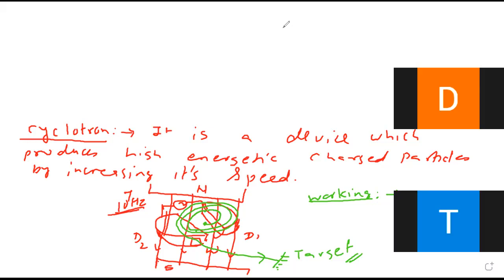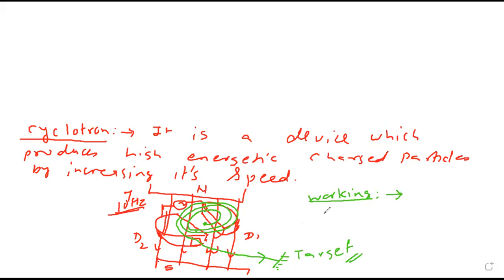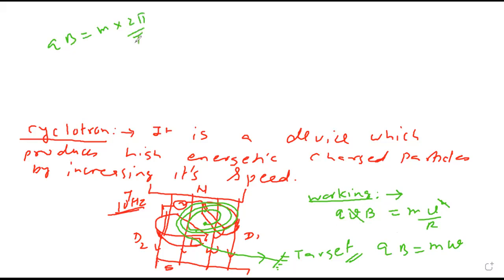See, now how it works. When charge Q enters a magnetic field, it experiences magnetic force QvB, that is mv square upon r. One v I can cancel, so we get QB is m, v by r, which is called omega. Therefore QB is m into 2 pi by time period.